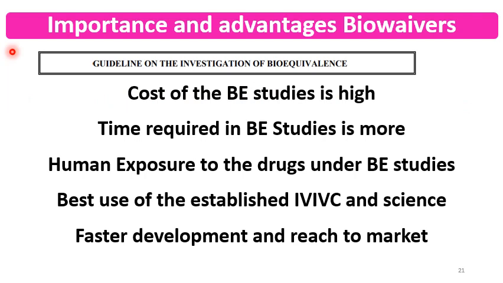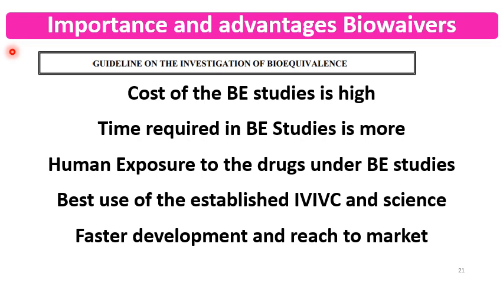Then why are biowaivers important? Because the cost of BE study is high always, the time required for BE studies is more, human exposure to the drugs under BE studies is there, and it is always tried to take advantage of the proven science and IVIVC so that the cost, time and exposure to human is reduced.